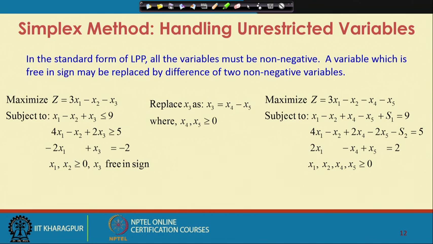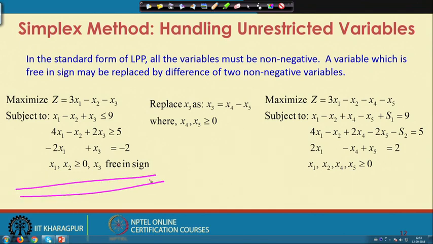For example, let us look at the problem shown. In this case, x 1 and x 2 are greater or equal to 0, but x 3 is free in sign. x 3 appears in the objective function, and in the first, second and third constraints. So, x 3 appears everywhere. Let us now introduce two new non-negative variables x 4 and x 5.